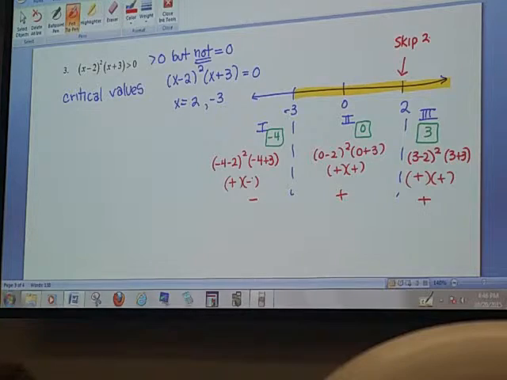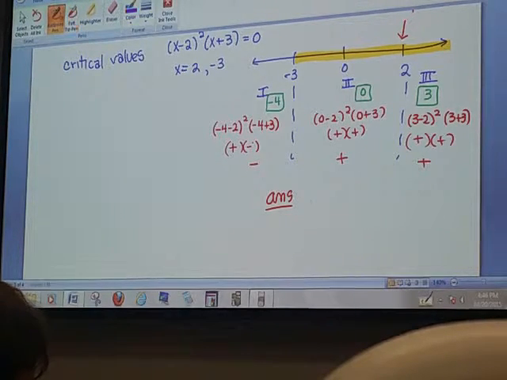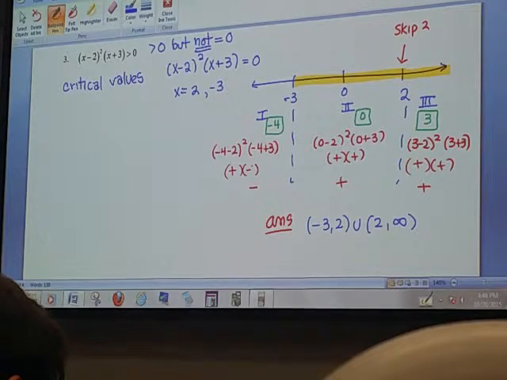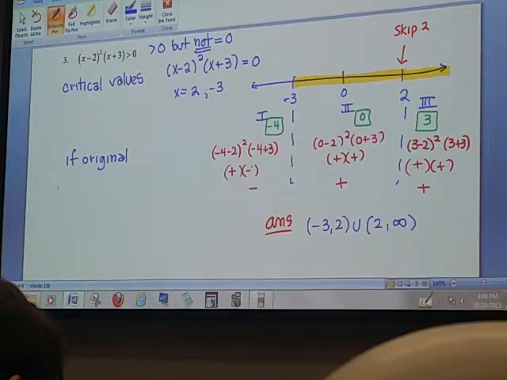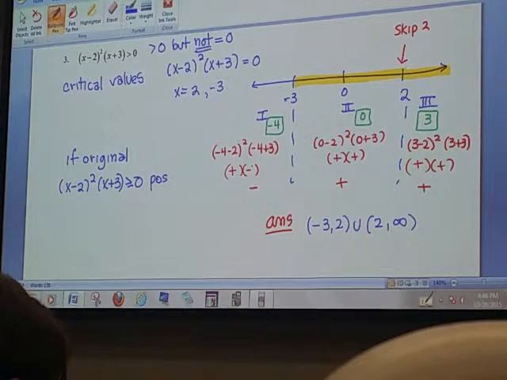So this one, my answer is going to look like this. Minus 3 to 2, 2 to infinity. If the original had been this, that means positive or equals 0.